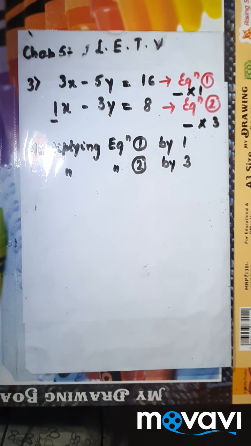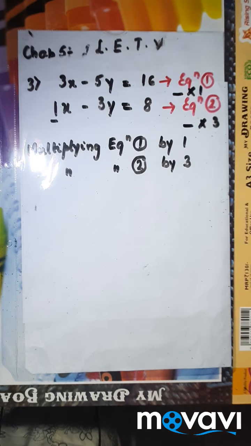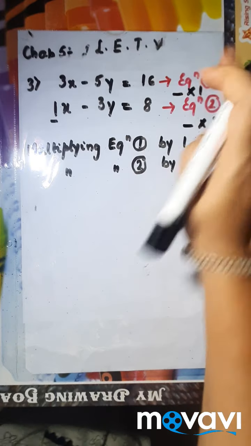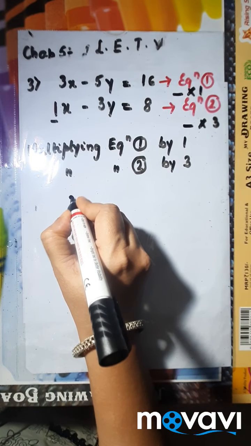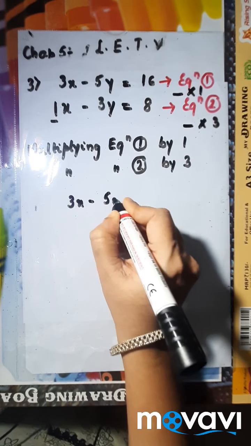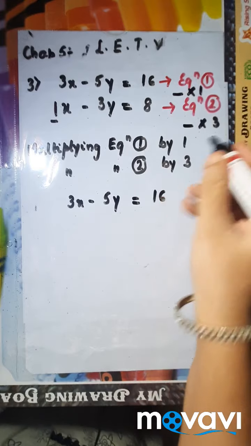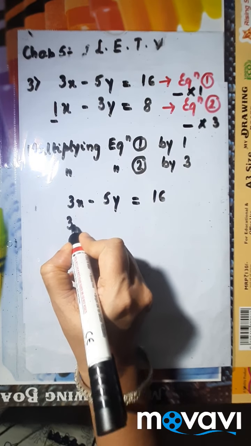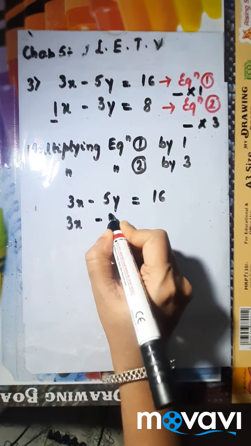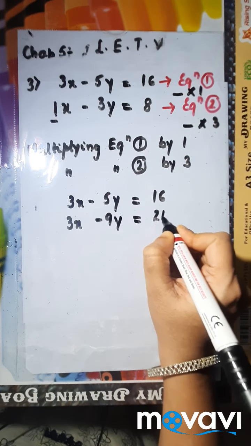When we multiply by 1, just see what happens. 1 means it's not going to change, so I'm going to write 3x minus 5y equal to 16, and when I multiply by 3, 3x minus 9y equal to 24.